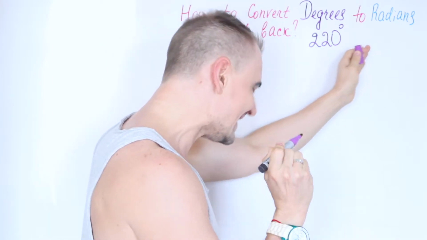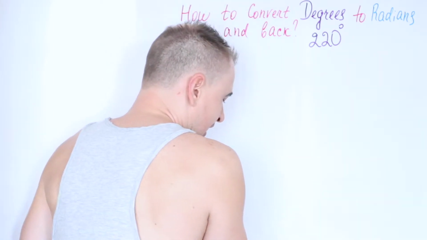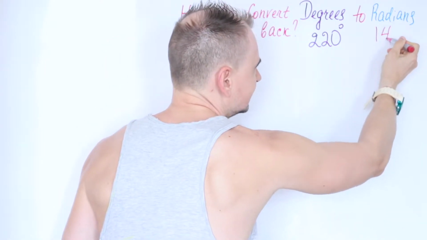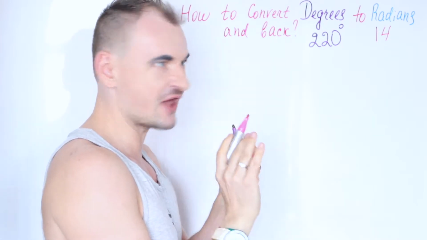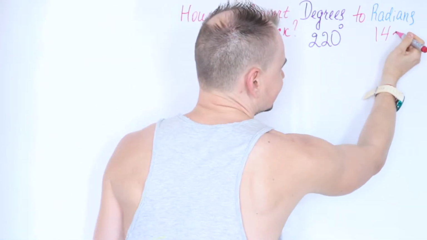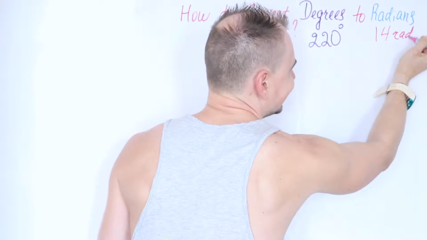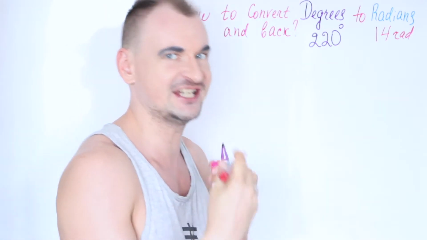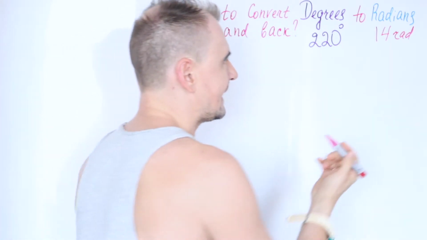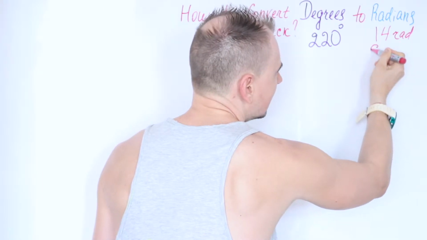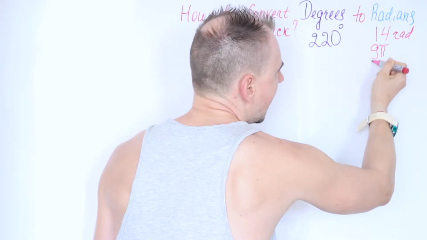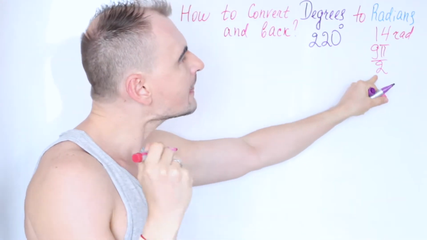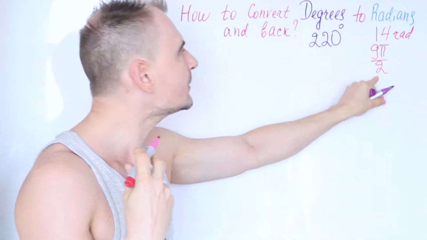Whereas for radians, either you are given just a number, it could be just 14, and it's nothing, and sometimes it's written RAD, which is an abbreviation and stands for radians, or more likely you are given something like 9 pi over 2, also radians, a number containing pi.